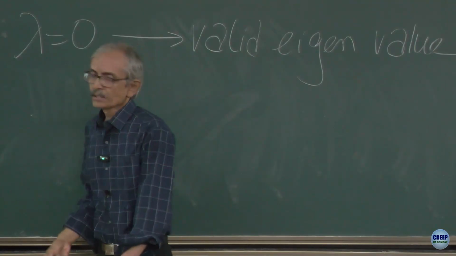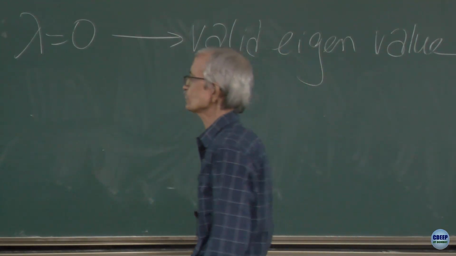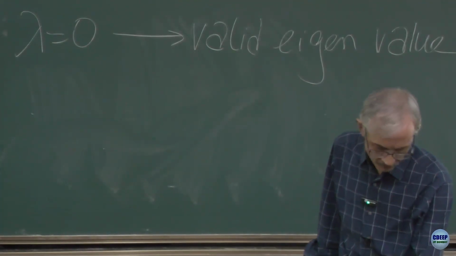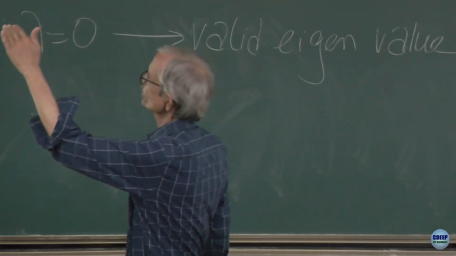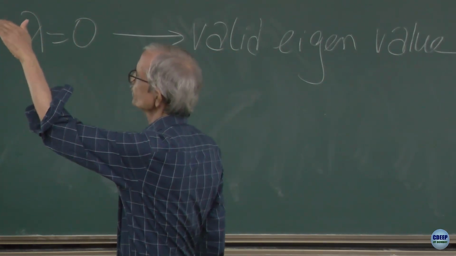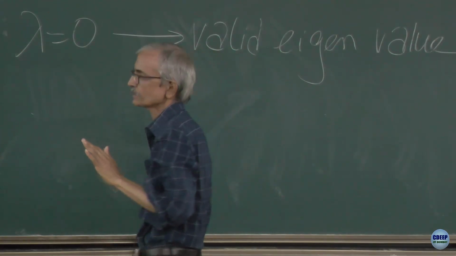Okay, so consider the next option. The algebra now I will not do, because it is the same as the earlier algebra: you get the exponential solution, you put in the boundary conditions, do the algebra, and you are going to get a trivial solution.